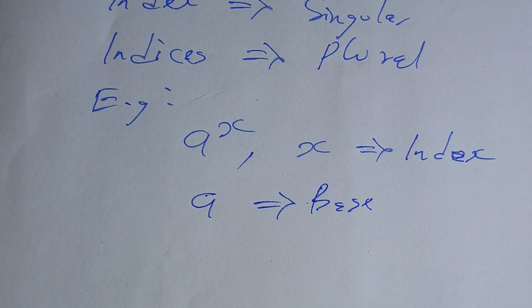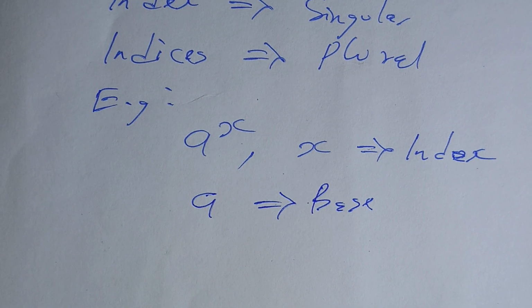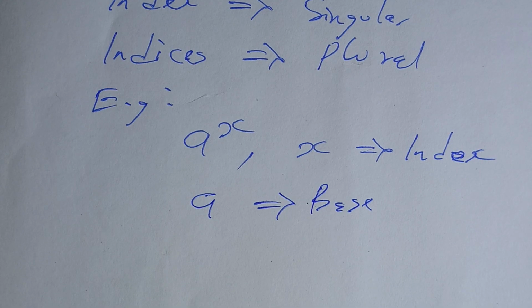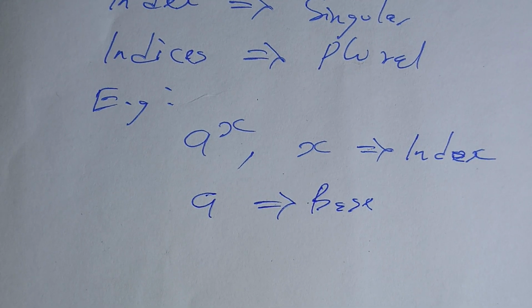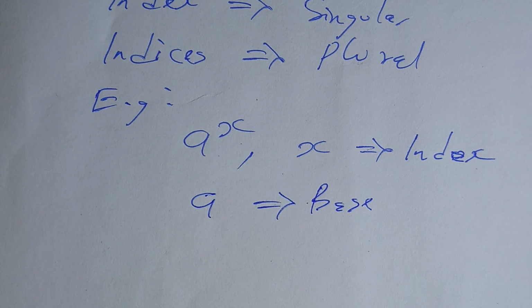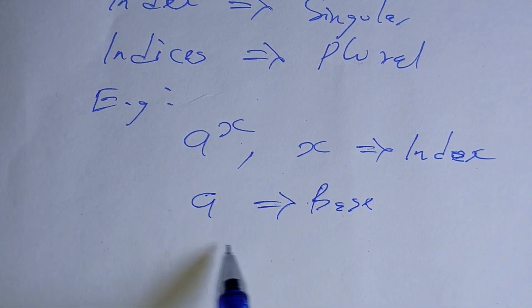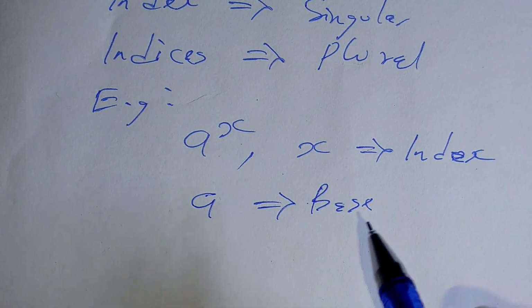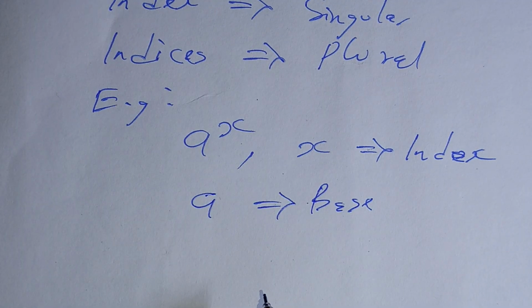These are simple definitions on indices before we can go into the laws specifically. Indices are powers to which a number is raised, and the power is called the index, while the number or the symbol or whatever is called the base.